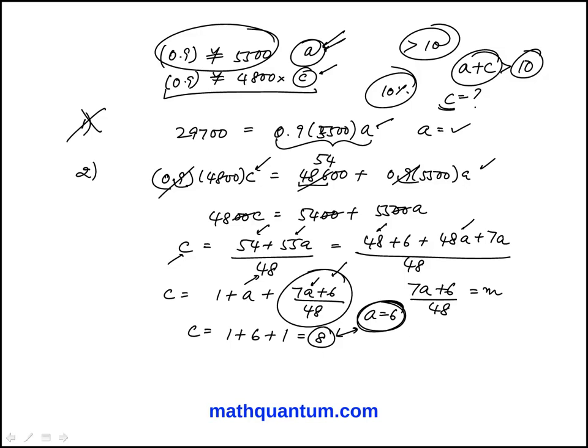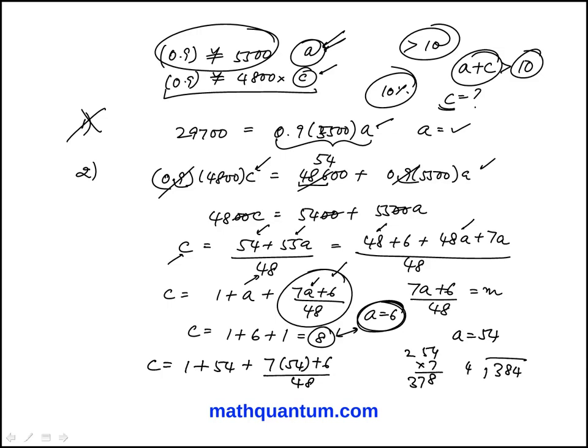And if we go back here, A is 54. You will get the corresponding value of C. 7 times 54 plus 6 over 48. This is going to be an integer, and you can test. 378 plus 6 is 384. That is, let's see, 8, I think. 8, 4, 6.